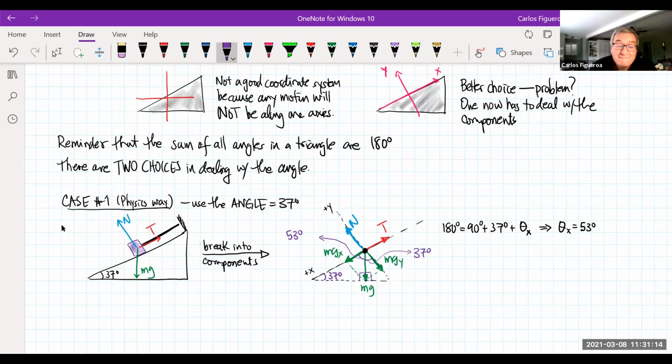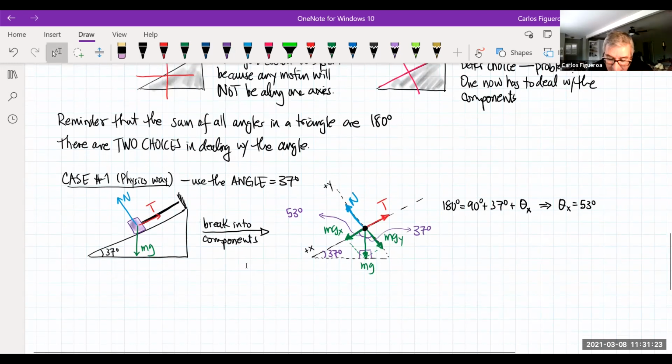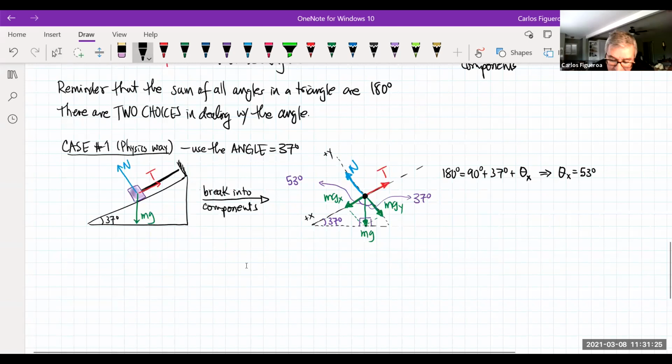So when physics deals with this, what they do is they redraw this thing, and they don't use the 53 degrees here.